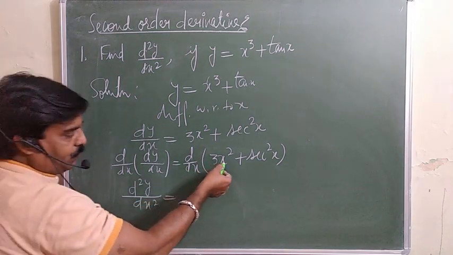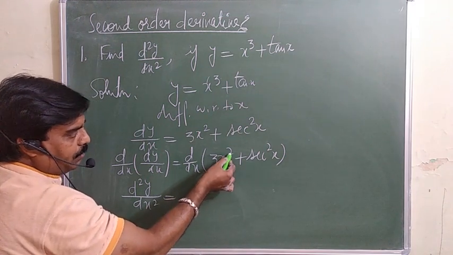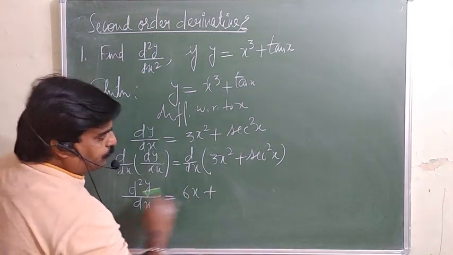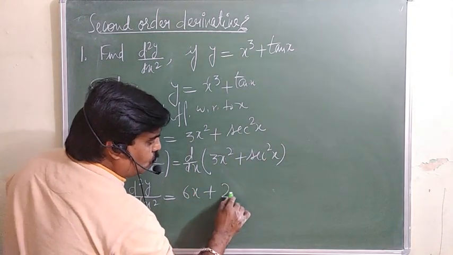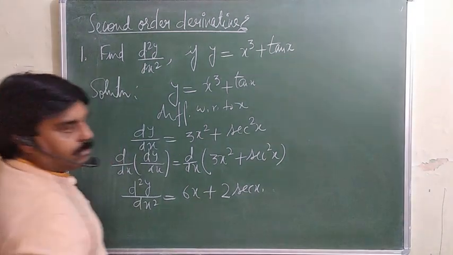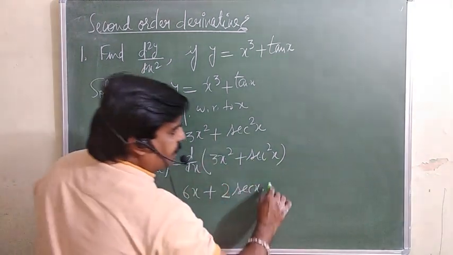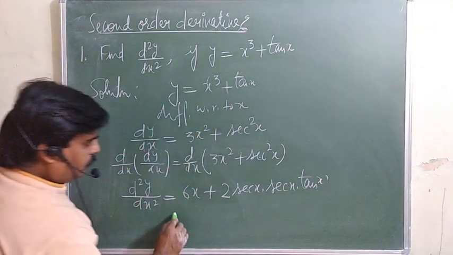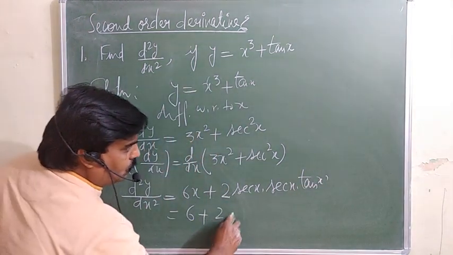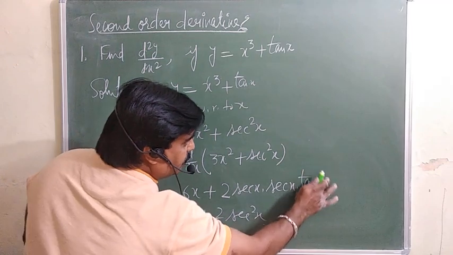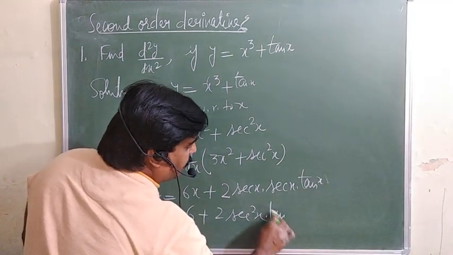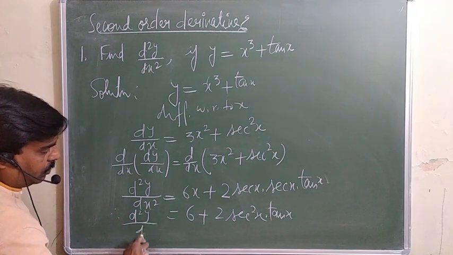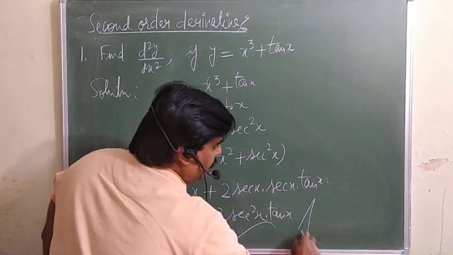Now differentiate: this is 3x square, derivative of x square is 2x, so 3 into 2x is 6x, plus sec square x, 2 sec x first like x raised to n, then the derivative of sec x is sec x tan x. So here you will get 6x plus 2 sec square x tan x, and this is your d square y over dx square. Have a look.